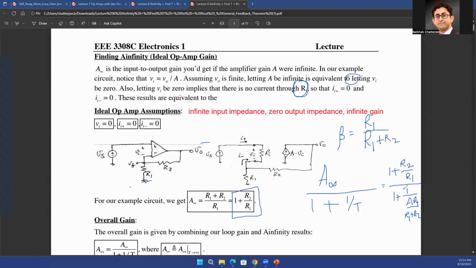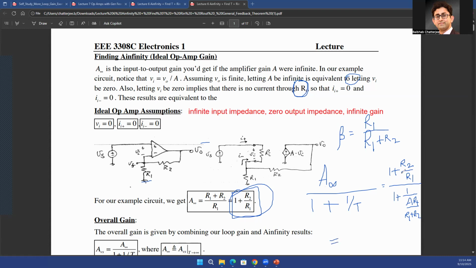Now, if you simplify this equation, what should you expect? Because we are taking an ideal op-amp and putting it back in this A infinity divided by 1 plus 1 over T equation, we should get the gain of the ideal op-amp. So this complex equation should boil down to 1 plus R2 over R1 eventually. And let's see if it does that.